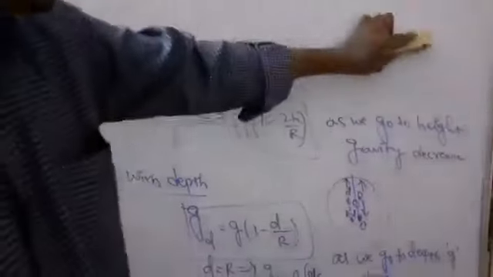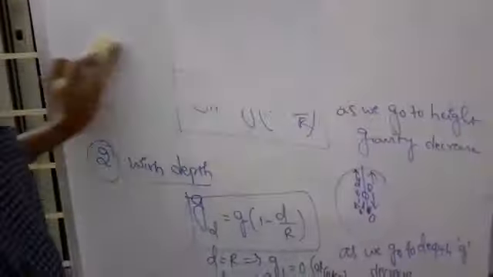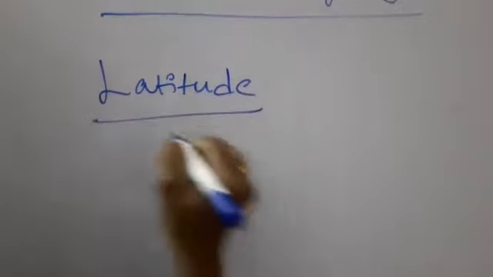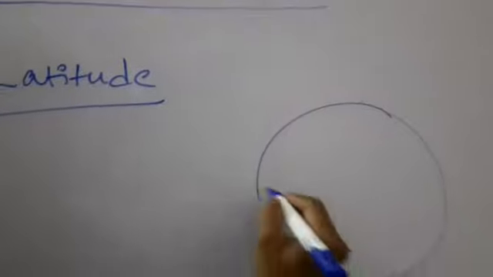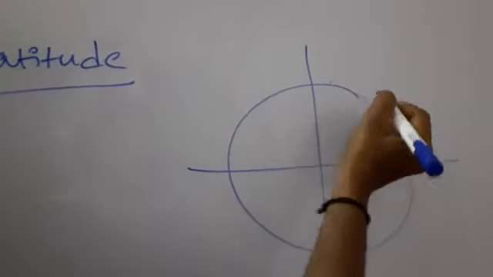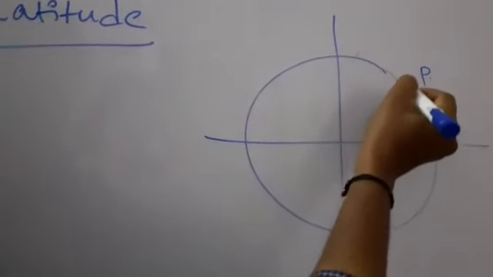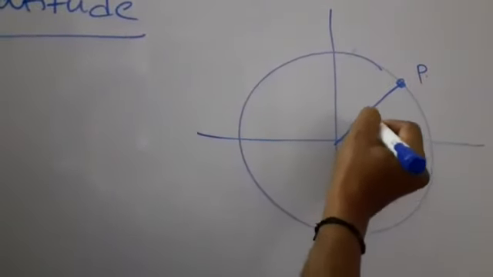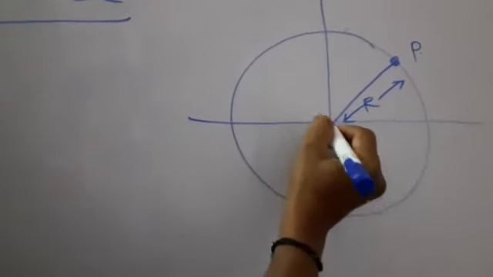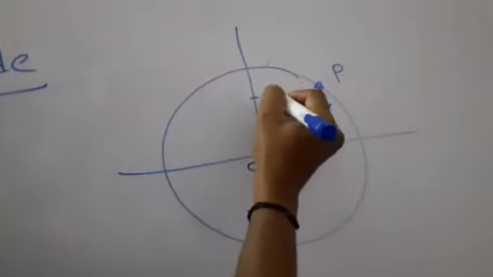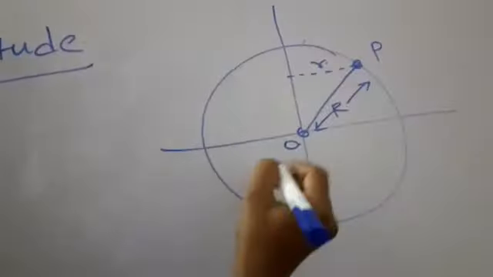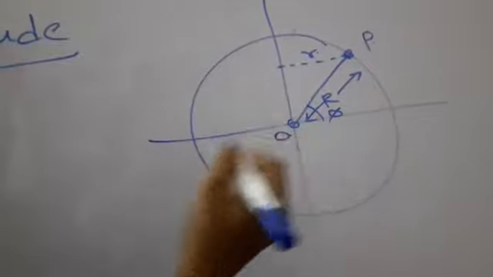Next, latitude position. Variation of g with latitude. For example, consider an object at a point P from the center O of the earth, with radius R. The distance of the particle from the axis of rotation is small r, and phi is the angular position.